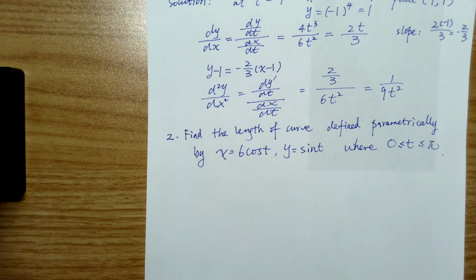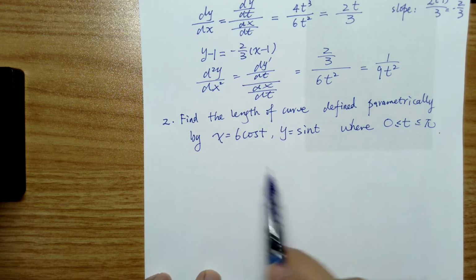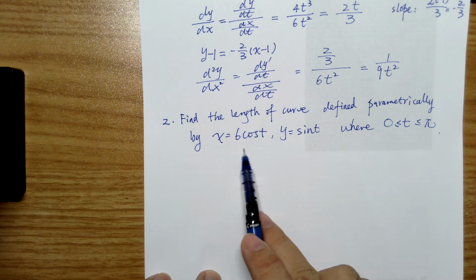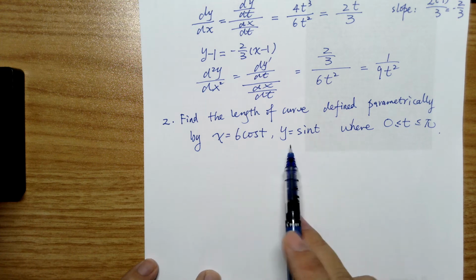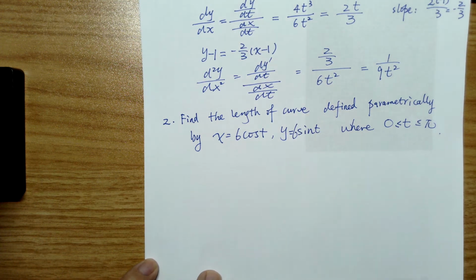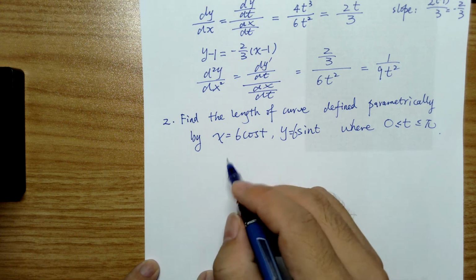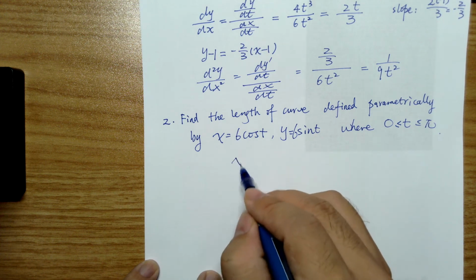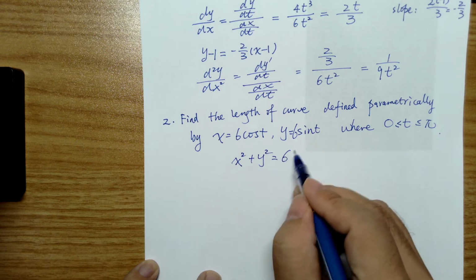So you can see for the second problem, if we take a look at these parametric equations, x equals 6 cosine t, y equals 6 sine t. Excuse me, so this should be 6 sine t, okay. Noticing that x squared plus y squared is going to give you 6 squared, right?